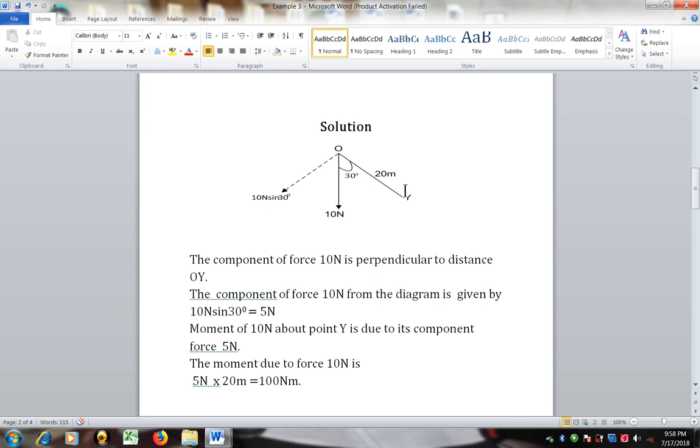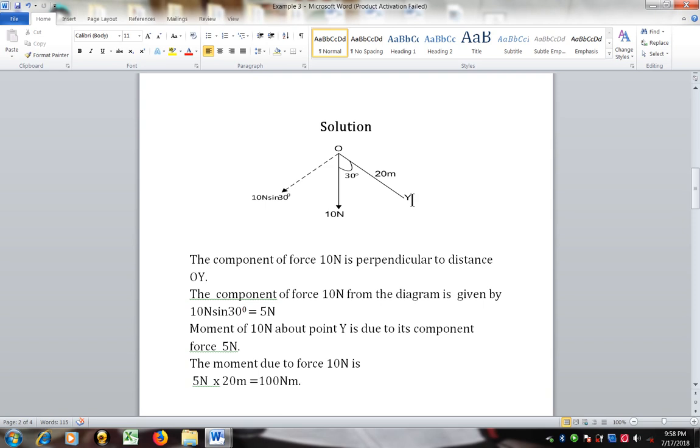That's the perpendicular distance, which is 20 meters. So you just multiply the force by the distance and we get 100 Newton meters. So that gives us the moment of force 10 Newton about point Y.